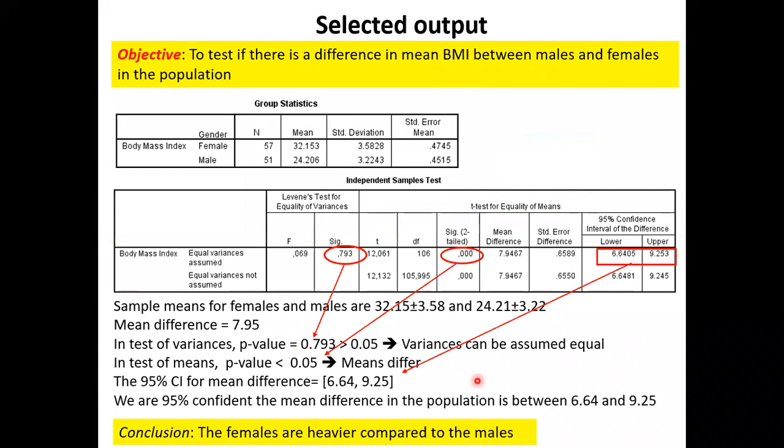Look at the first table. This is the mean among the females and males. We describe this: the sample means for females and males are this and this.